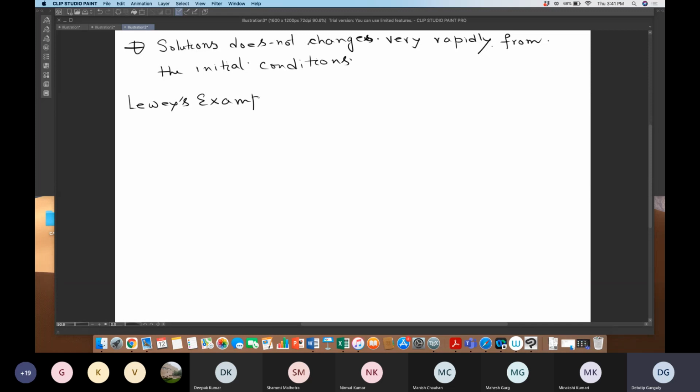It's called Lewy's example. It was proved in 1957.